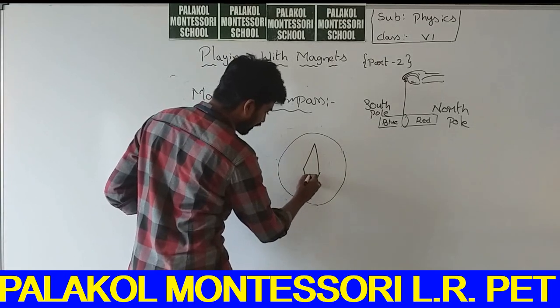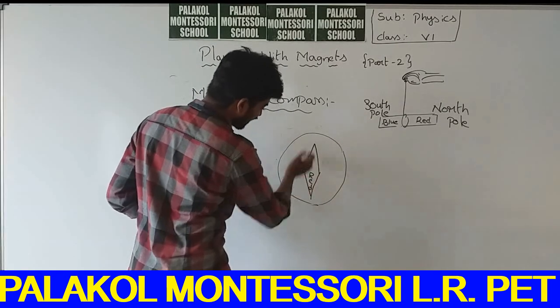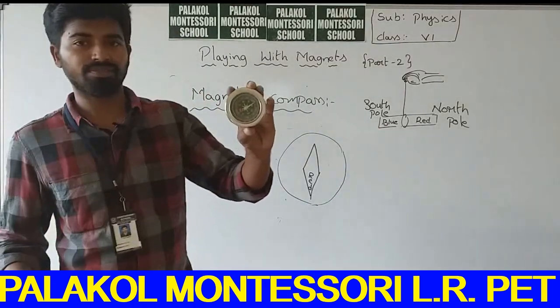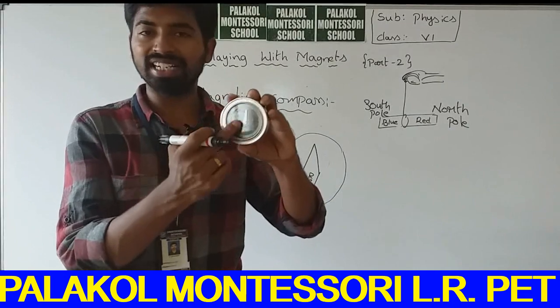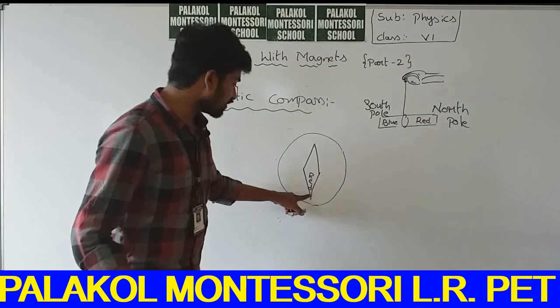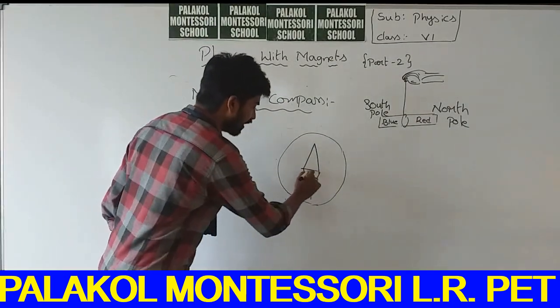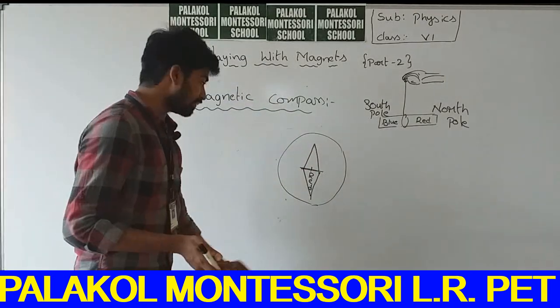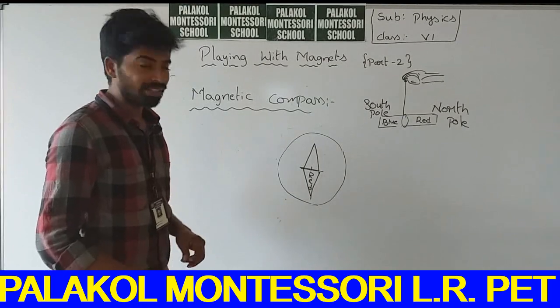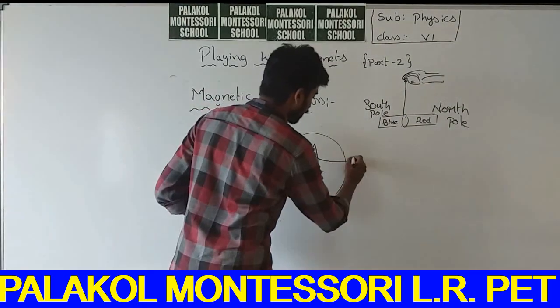One end is red and the other end is uncolored. Half of the needle is colored red. What does this indicate? This is not a normal needle. It is a magnetized needle.